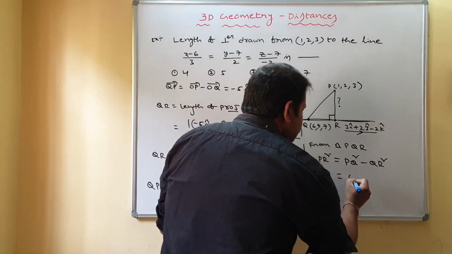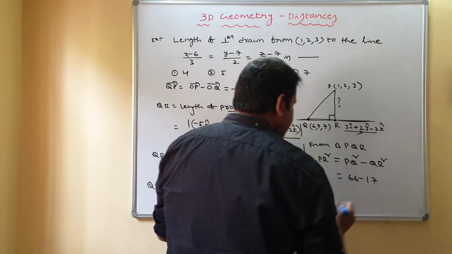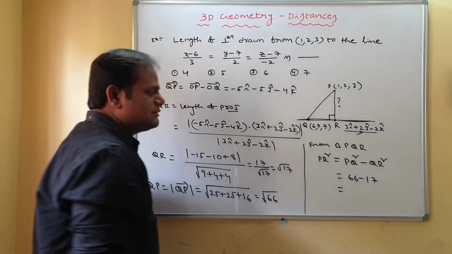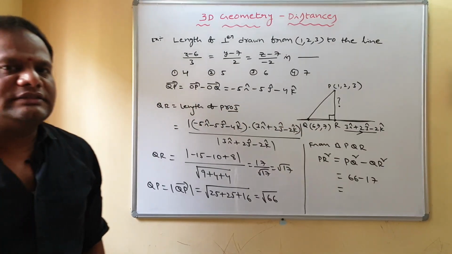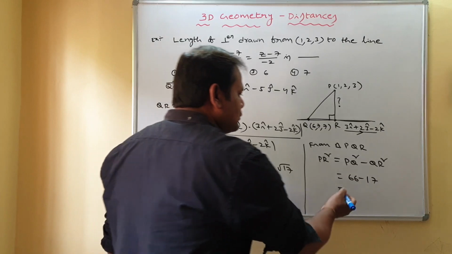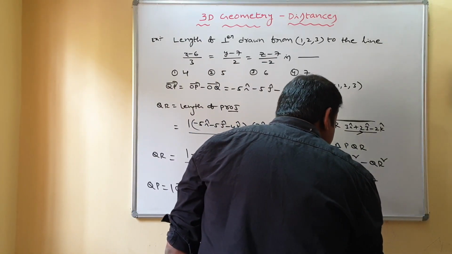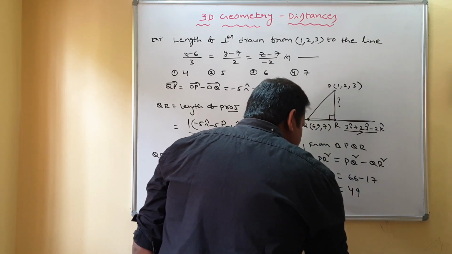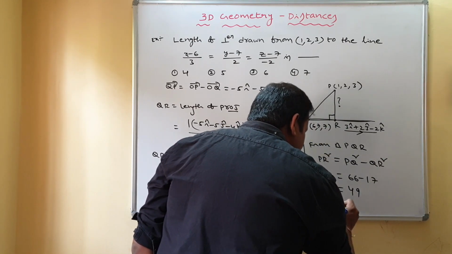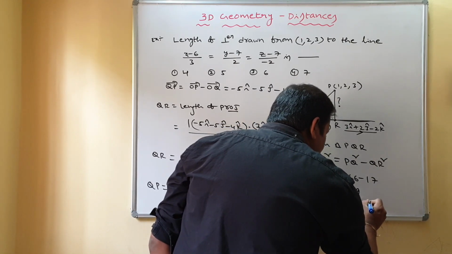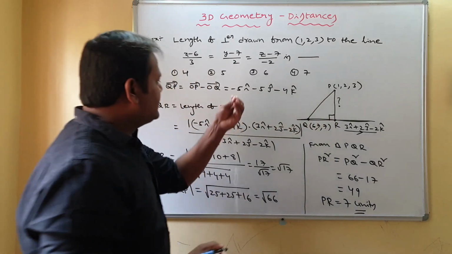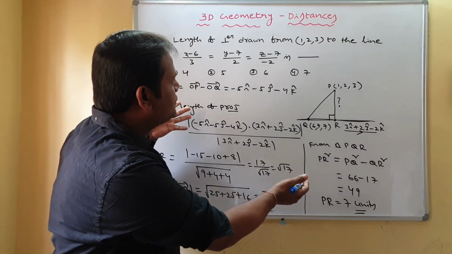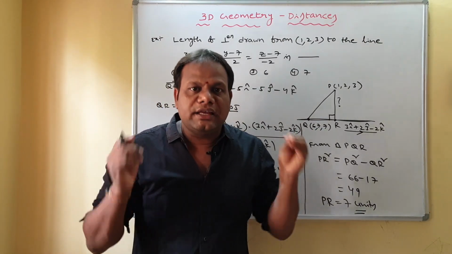That is 66 minus 17. That is the answer to this question. So do the simplification. It is 49, so PR is equal to 7 units. So this is the concept for the distance from a point to a line. No need of remembering any formulas.